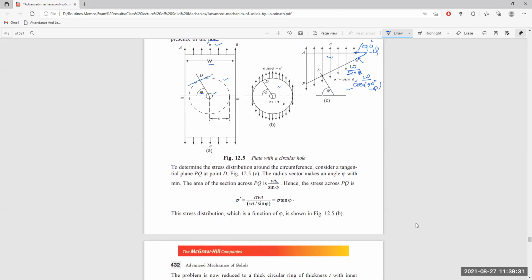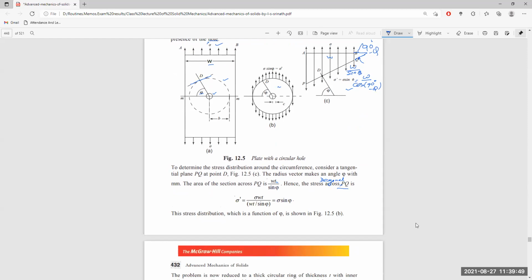original strip itself. Now the stress across this diagonal PQ is sigma dash, given by sigma WT divided by the area of this particular straight line itself.